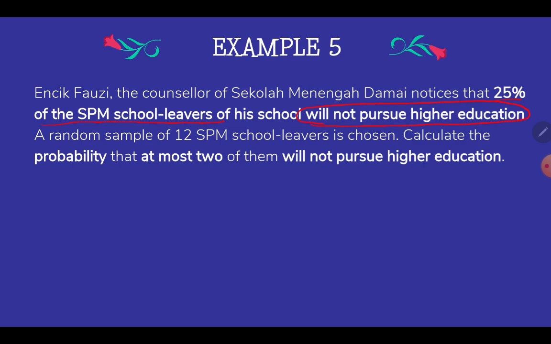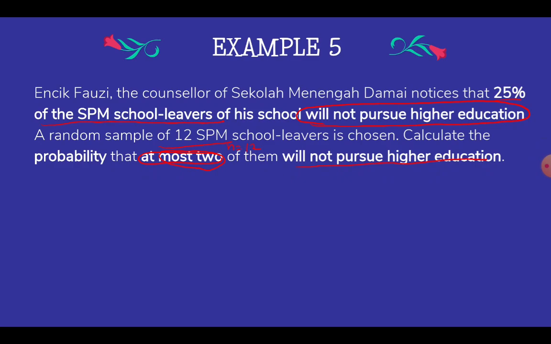A random sample of 12 SPM school leavers, so we say that N is equal to 12, is chosen. Calculate the probability that at most 2 of them will not pursue higher education. When we talk about at most, if we translate in BM, in Bahasa Melayu, at most is paling banyak.